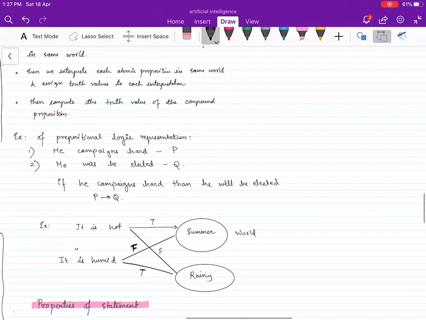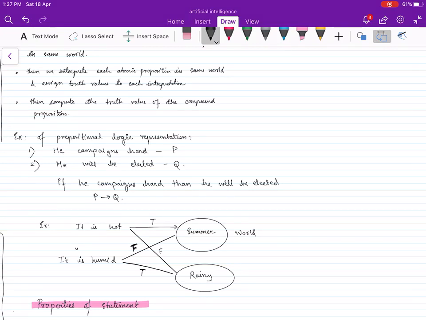And what is a world? Let's assume there is a sentence, it is hot. With respect to summer, this can be true, and with respect to rainy, it can be false. So the world is summer or rainy. Out of this, the sentence can be true or not true, valid or not valid.